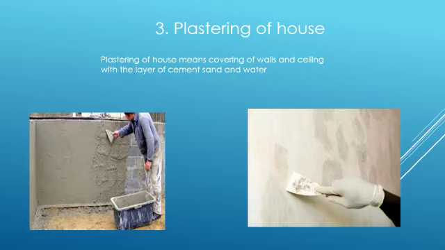Plastering of a building is done for coating, protecting and decorating walls and ceilings. Cement, sand, water, mosaic, tiles, stones, slabs, etc. are used for the purpose of plastering for the house.